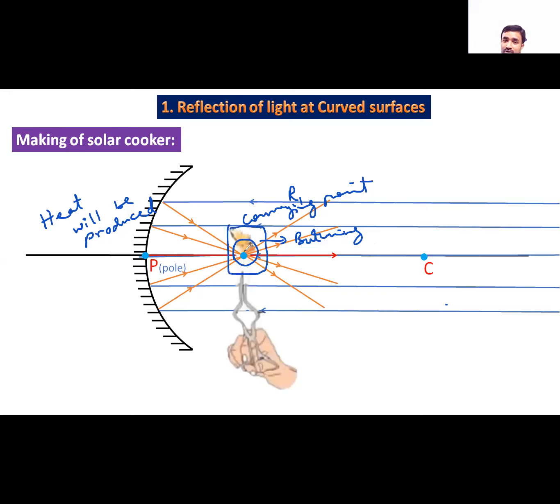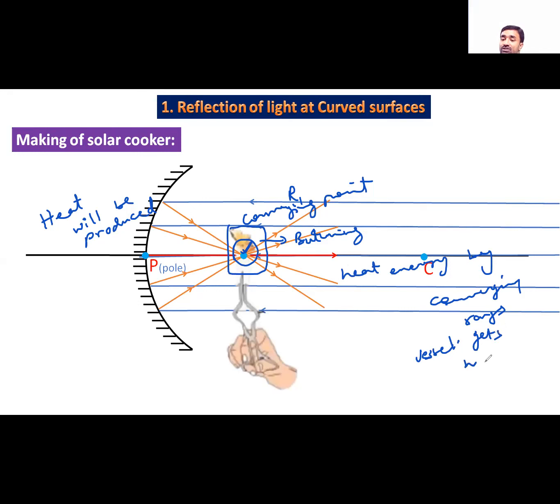So at this spot only you have to place the object and it will produce heat due to the heat energy produced by converging rays, right? The vessel gets heated. Is it clear, everyone?